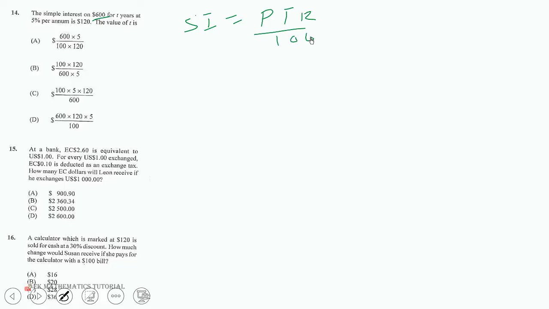So the simple interest is $120. The principal is $600. Then the time is T, and the rate is 5 out of 100.